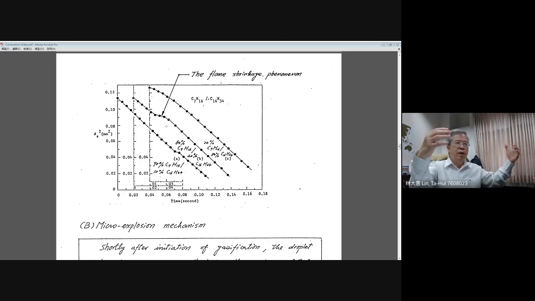Then the diffusion flame will change its position to be closer to the supply of fuel vapor, right? Because the fuel vapor supply becomes weaker, the flame will shift to the liquid surface, and we call this the so-called flame shrinkage phenomenon.